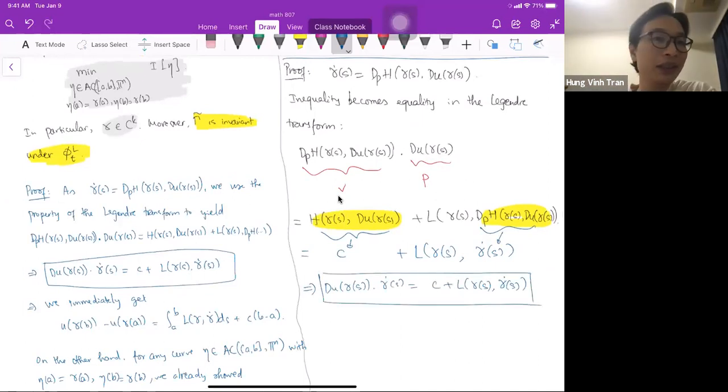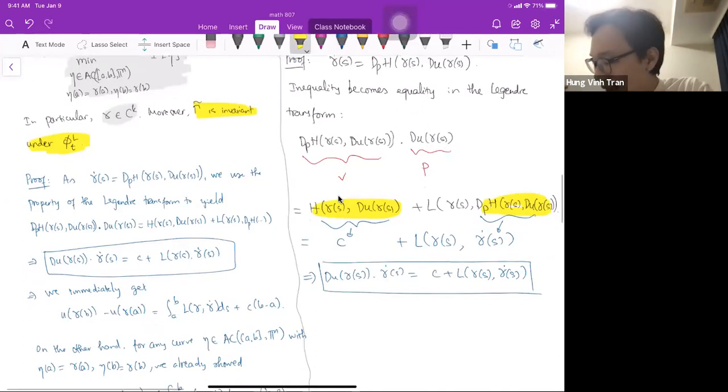Okay, so we have that. And now you just need to integrate, right? Again, this is the same trick again and again. The left hand side here is nothing but d over ds of u of gamma s, right?